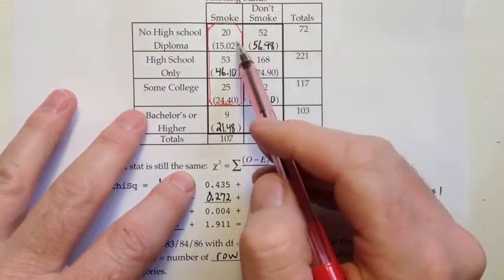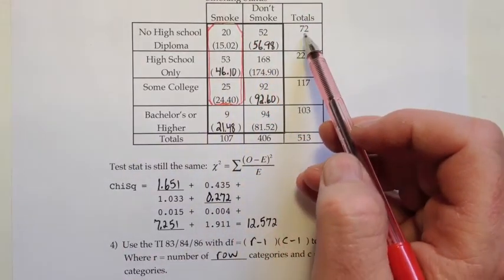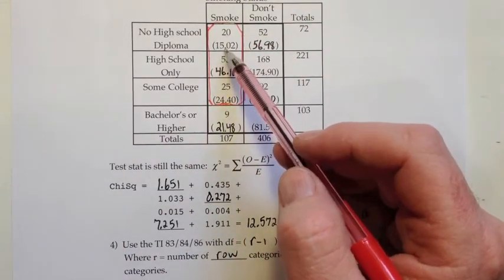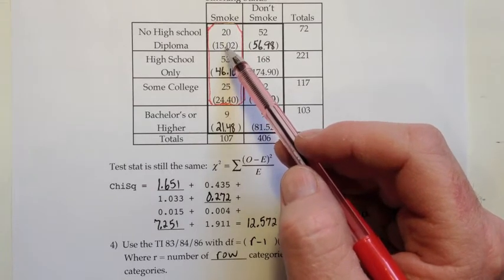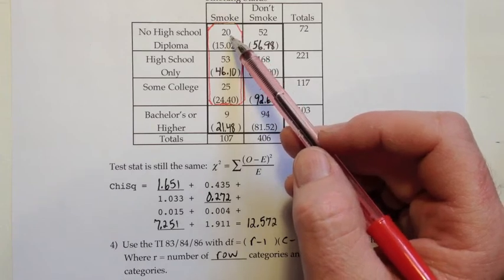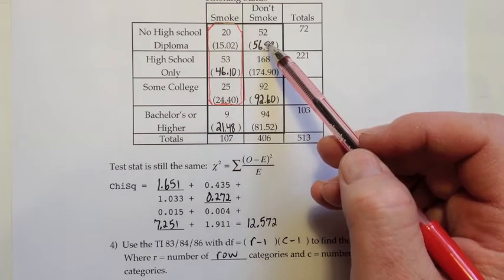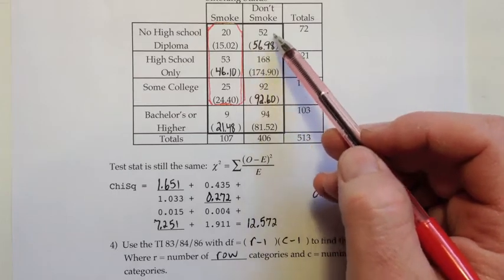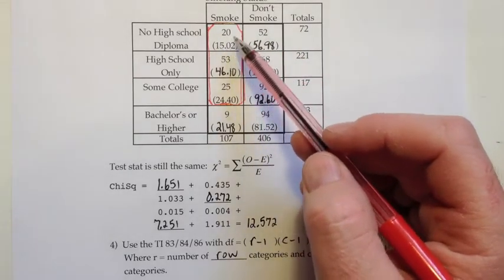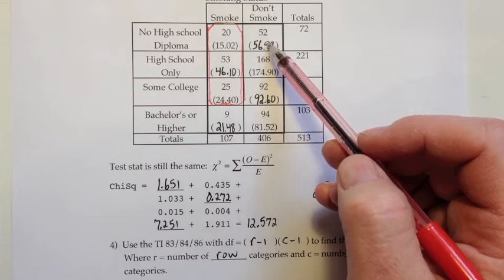If these 2 expected frequencies have to add up to 72, then once I know that this O was 20 and this expected was 15.02, that means I observed about 5 more than I expected. Then over here I have to observe about 5 less than I expected. It has to balance. So there's really no freedom in how this turns out. This one could almost be whatever, but then this one becomes locked in.